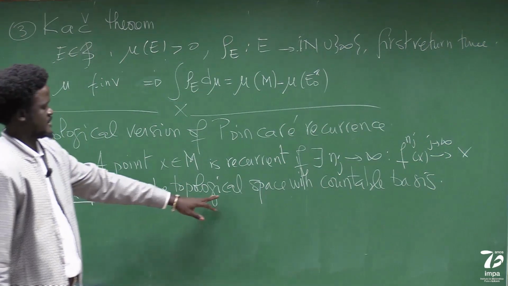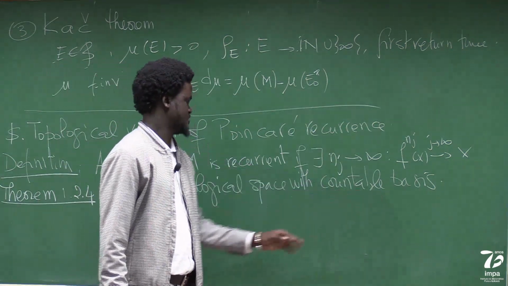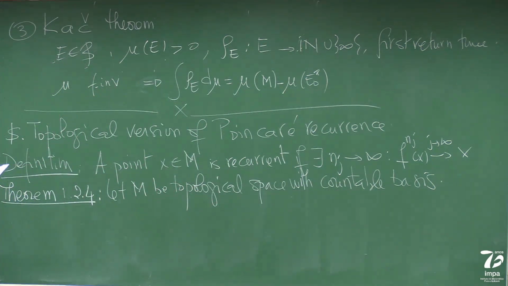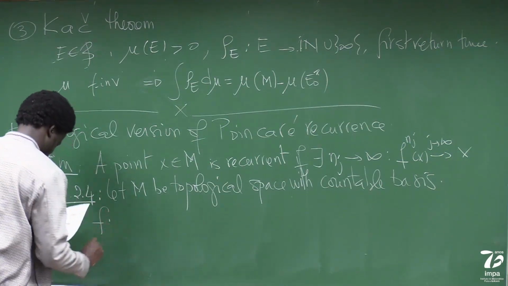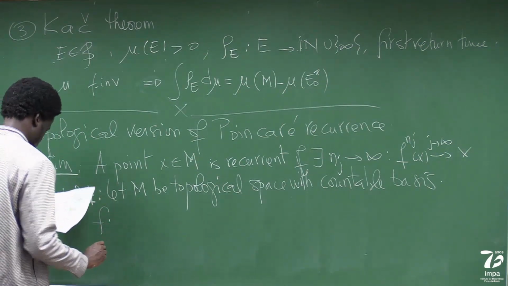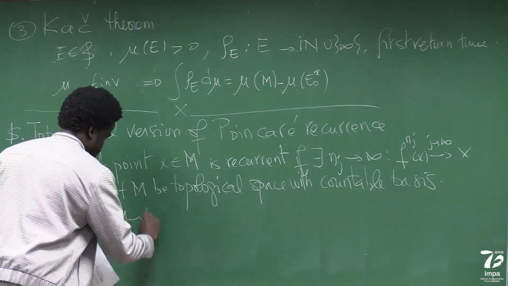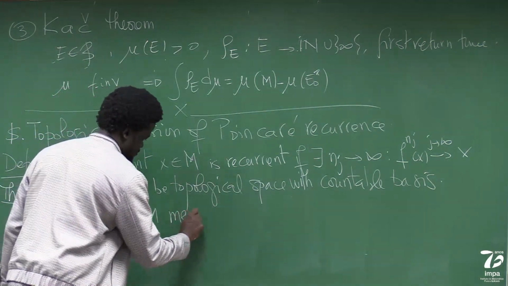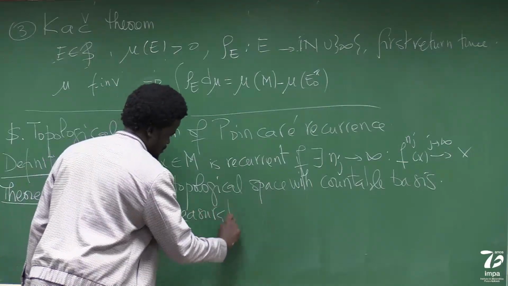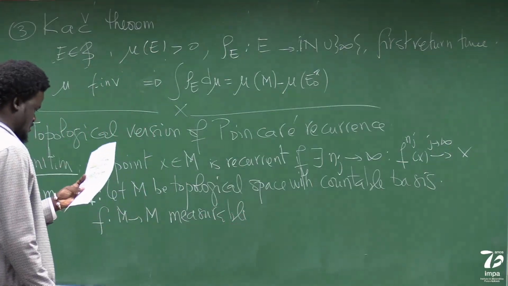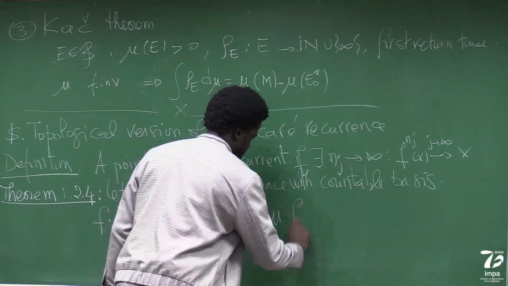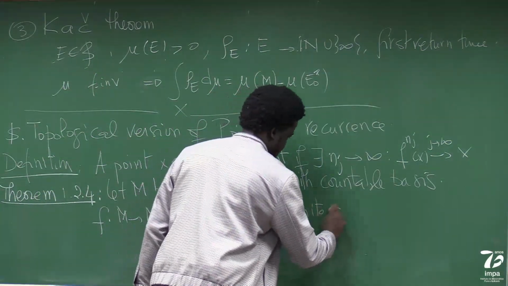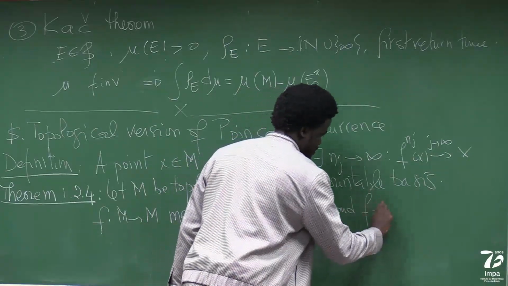This is saying that you have a countable basis for this topology, and we have f from M to M measurable, and mu a finite and f invariant measure.